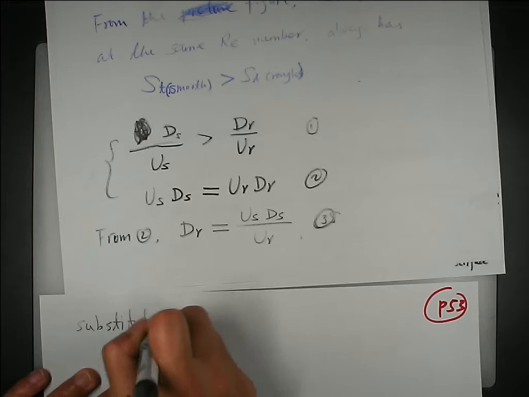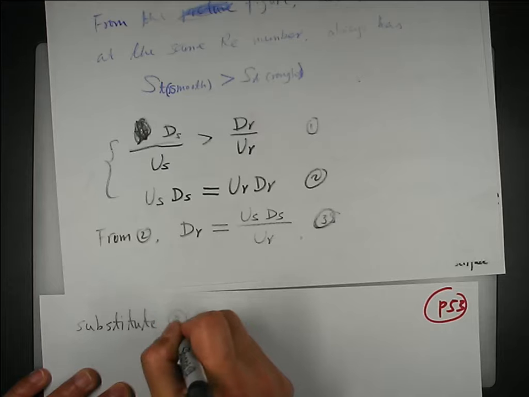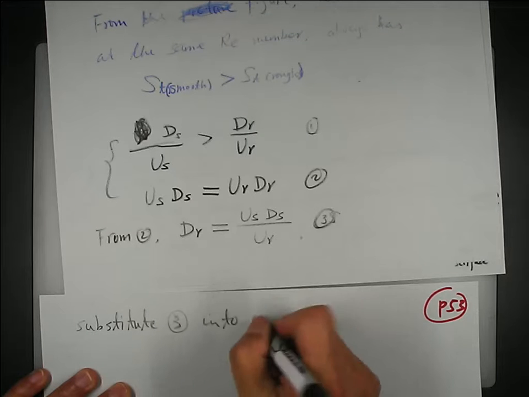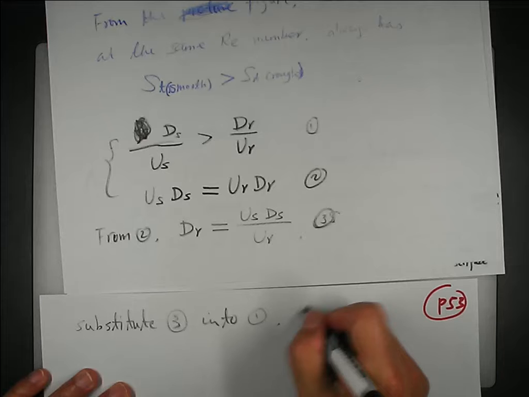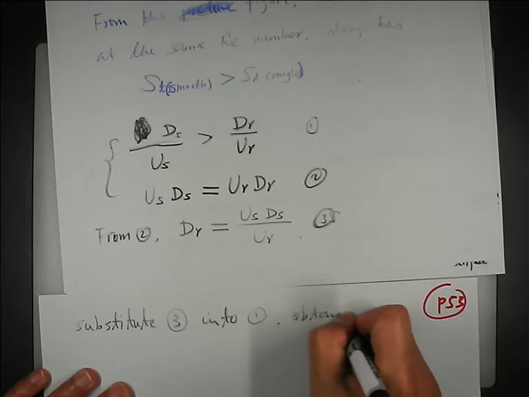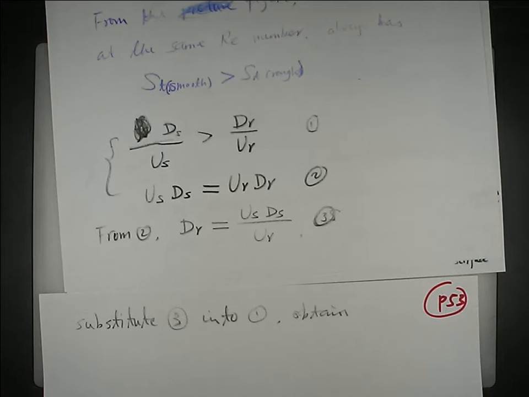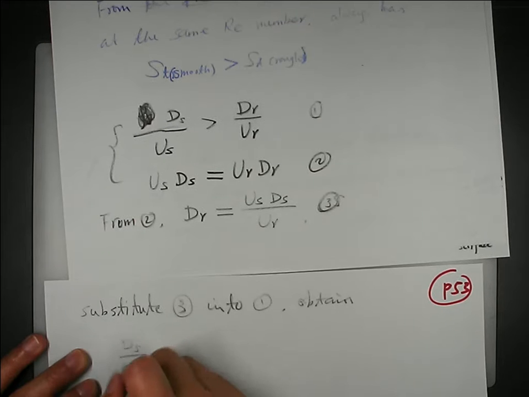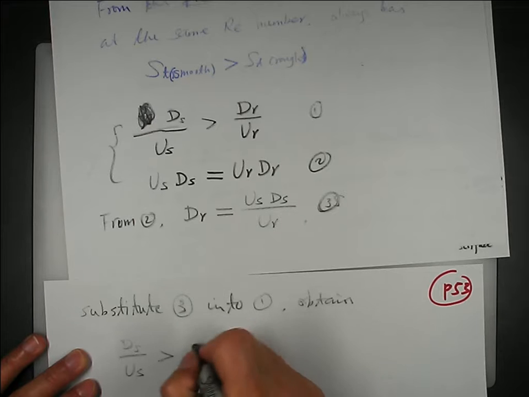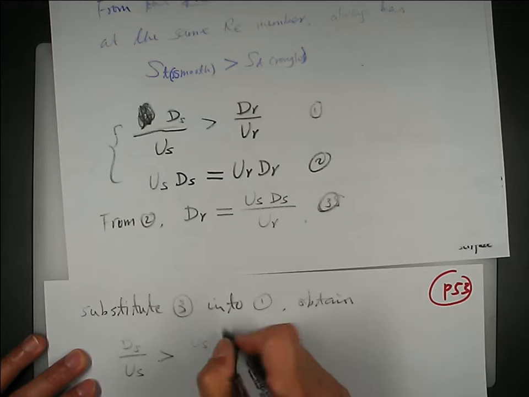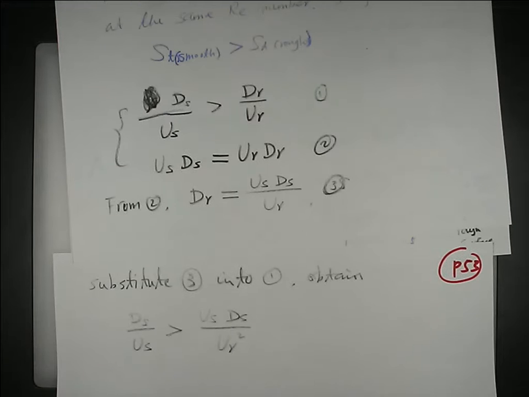Substitute 3 into 1, obtain dS over dR, uS larger than dR, uS dS uR squared. Then dS cancel.